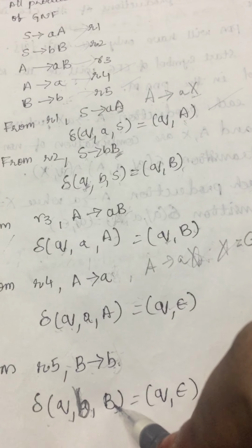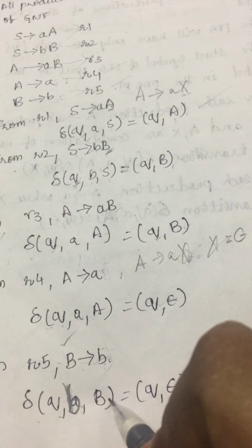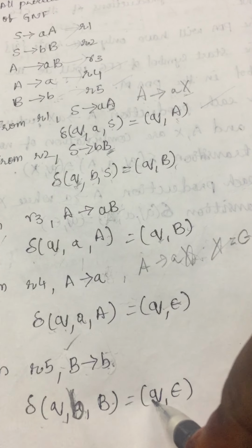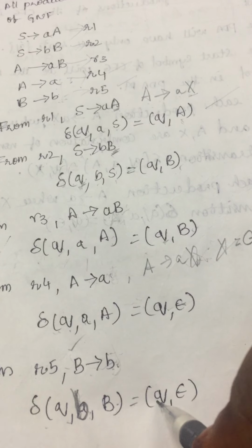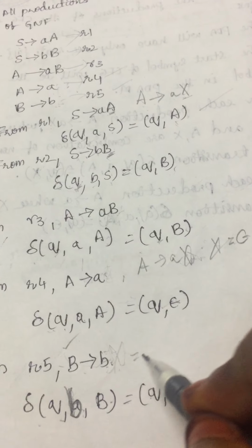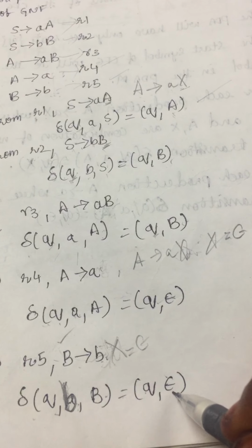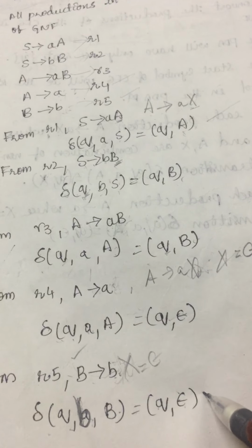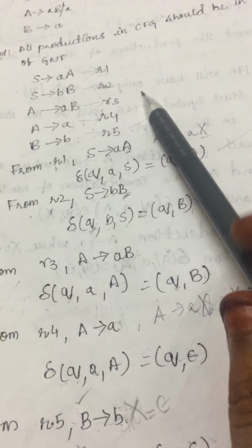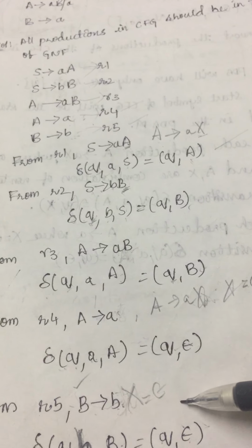And what is the non-terminal present on the LHS of the production? Capital B is equal to, the only state is Q, and what is present in place of X here? Nothing, in the sense that X is equal to epsilon. So in this manner, we have solved all the productions which are in the form of GNF to PDA.